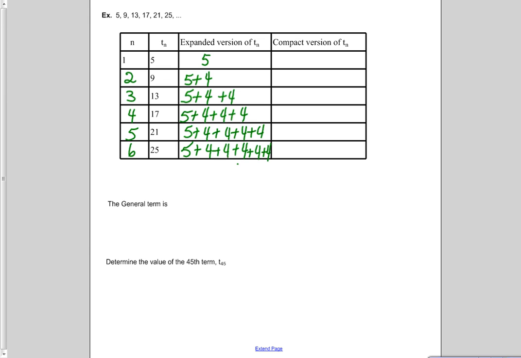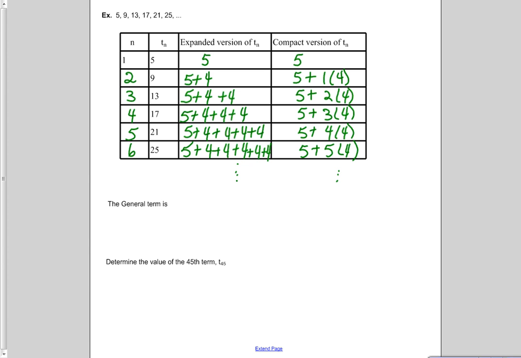And so on. If you were to write that in a more compact form, we have our initial 5, and then we have a single 4, and then we have 2 4s, and then 3 4s, and 4 4s, and this should look familiar, 5 4s, and so on.